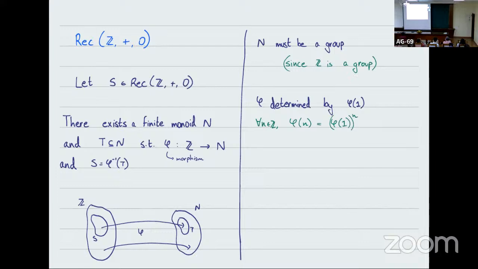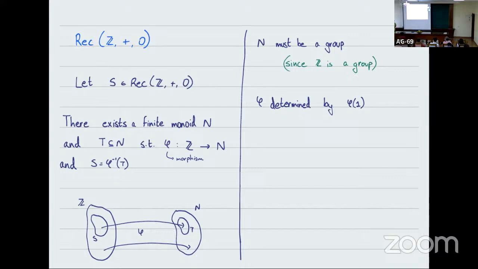Why is that? Is the morphism onto? It doesn't have to be onto, because it only tells you the inverse image. There might be points in N which are not mapped. Can a group be a subset of a non-group monoid?